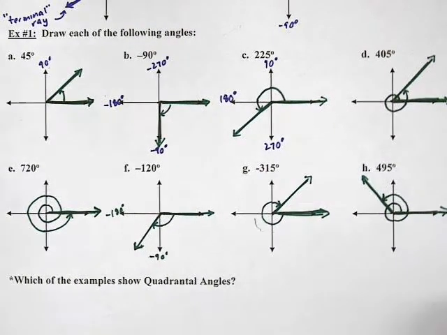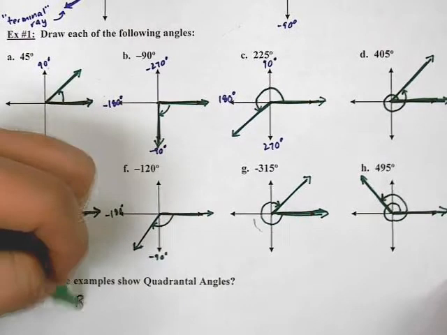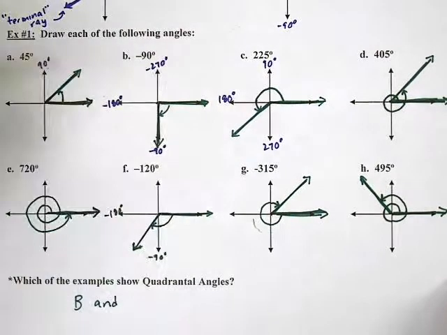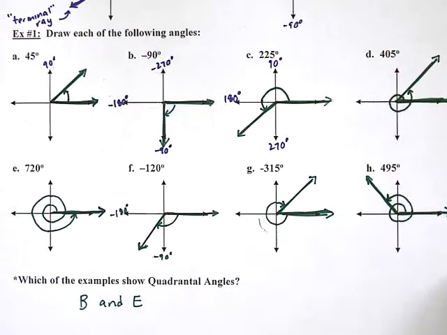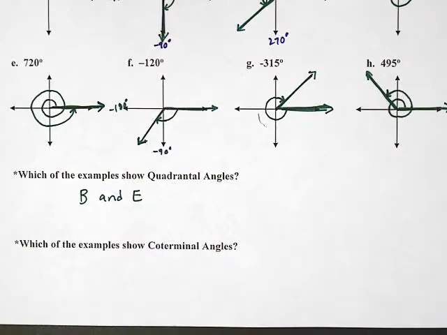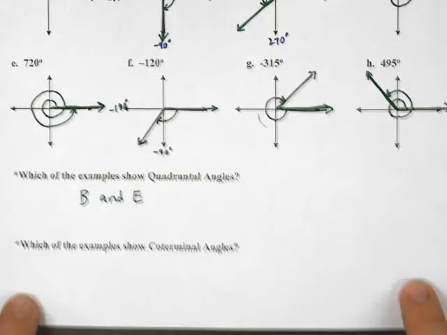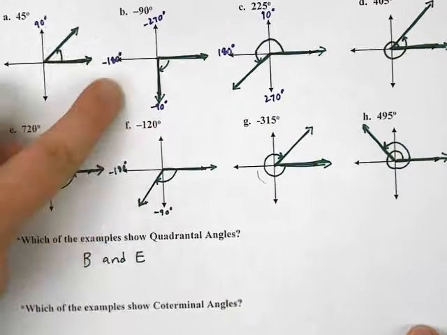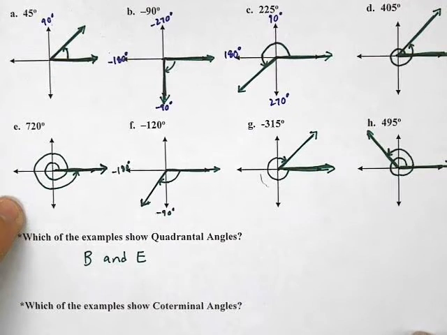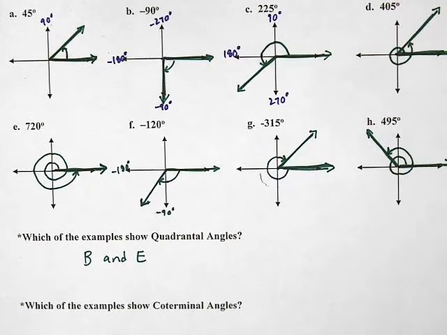Well, if I tell you it's B and E, do you think you could come up with your own definition of quadrantal? If I tell you it's B and E, right here, B and E, those are my quadrantal angles. What do you think is true?